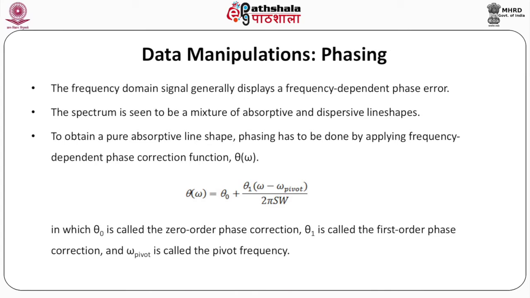To obtain a pure absorptive line shape, phasing has to be done by applying frequency dependent phase correction function theta(omega). Theta(omega) is equal to theta0 plus theta1 (omega minus omega pivot) divided by 2 pi SW, SW is for spectral width, in which theta0 is called the 0 order phase correction and theta1 is called the first order phase correction and omega pivot is called the pivot frequency.